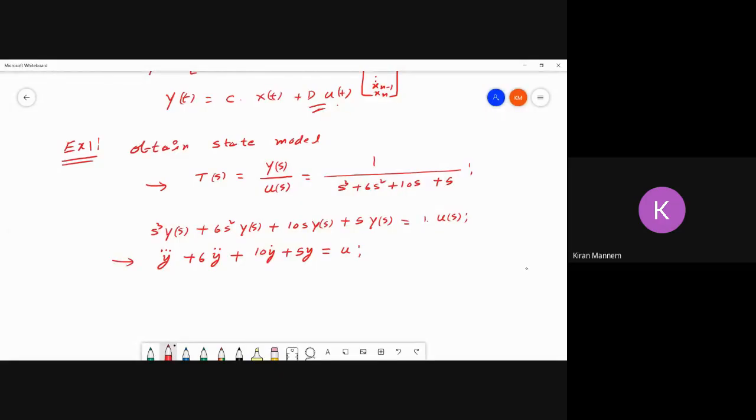Again, it depends on the order of the differentiation. The order is 3, so we need 3 state variables.